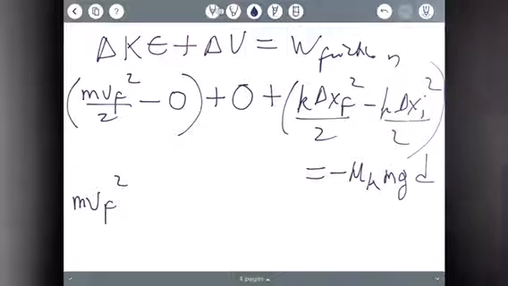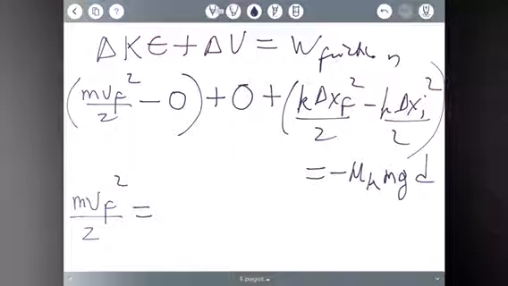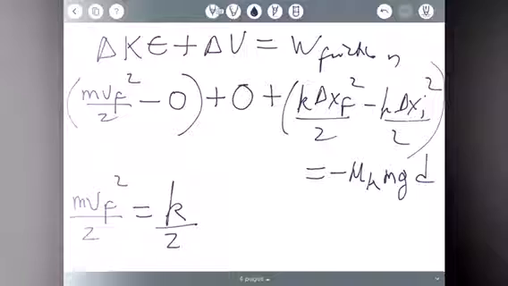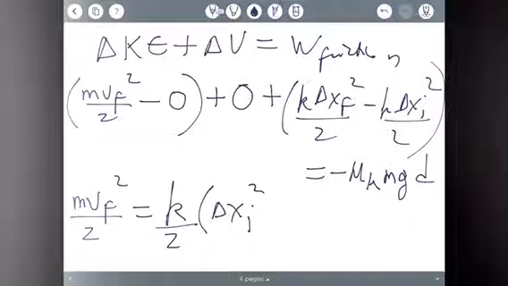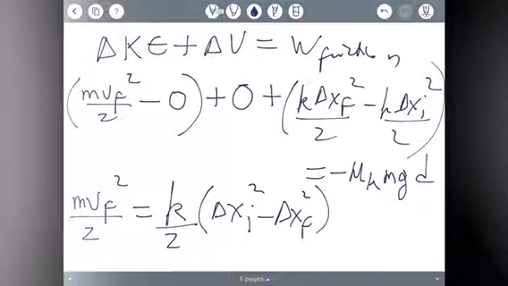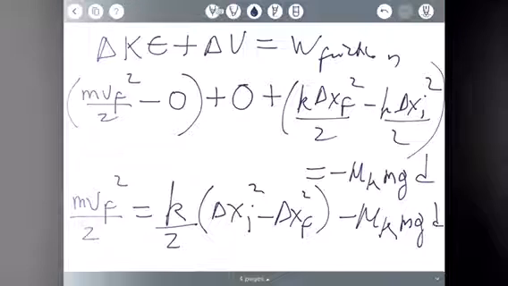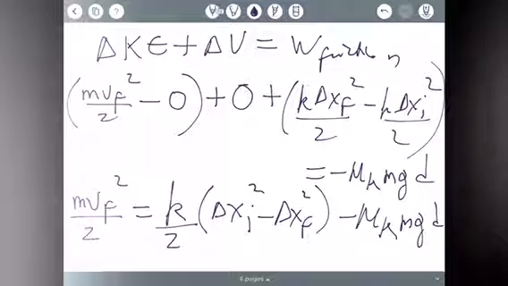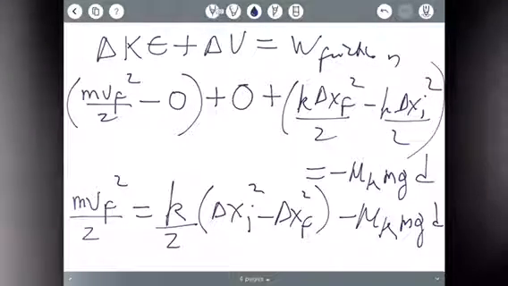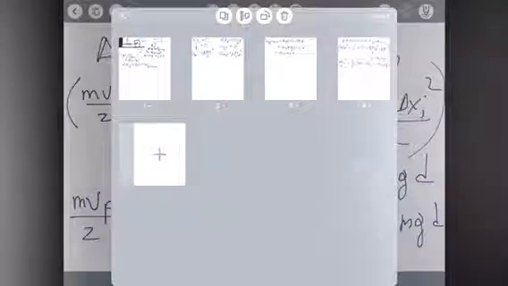It should always be negative, since it's not going to help you gain energy, it's going to make you lose energy. So then we can solve for the final kinetic energy by doing some rearrangement with algebra, so that we can find the final speed of the mass.